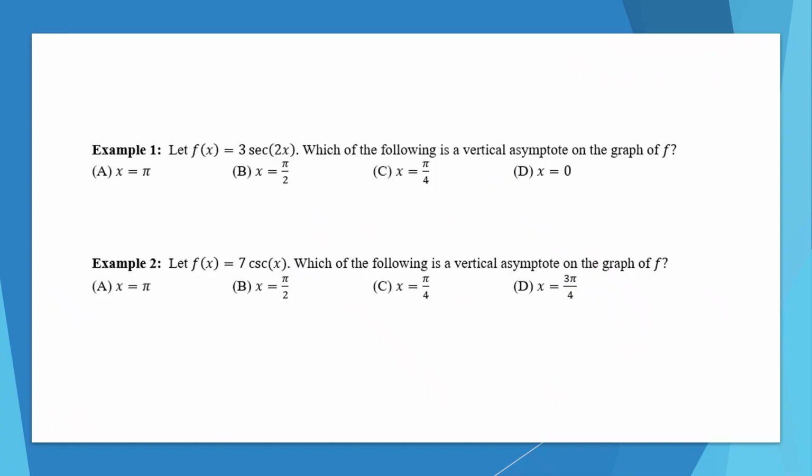All right, so for example number 1, these are a few questions. You'll see one or two of these on your next quiz. So here, let 3 secant 2x, what is a vertical asymptote? So the reciprocal is cosine. Cosine has zeros at x equals pi over 2 plus pi k, which is the vertical asymptote equation for secant because it's the zero equation. Where are the zeros for cosine?